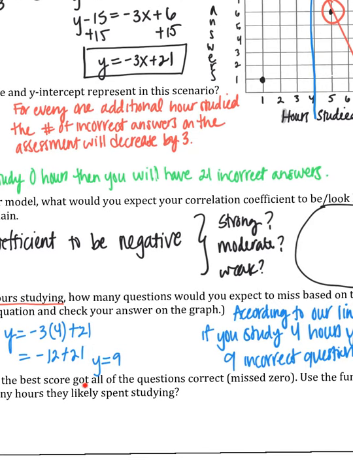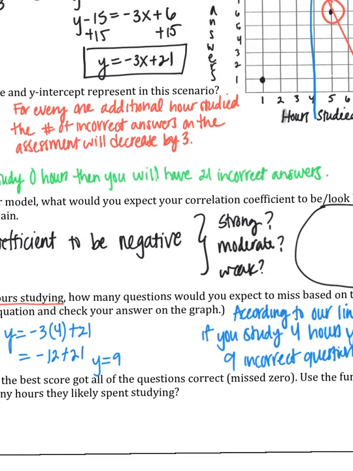The person with the best score got all of the questions correct, so we missed 0. Use the function to determine how many hours it was most likely that they spent studying. All right, so the number of questions missed is 0. So we've got that y equals 0. So what's x?